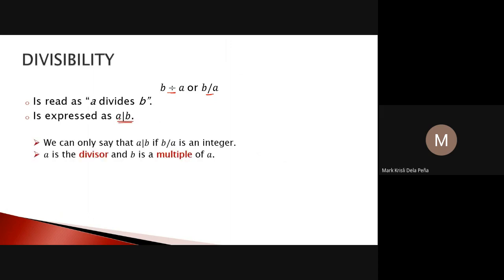This is read as A divides B. We can only say that A divides B if b divided by a is an integer, meaning the quotient or the result is an integer. Here, a is called the divisor and b is called the multiple, or the dividend.